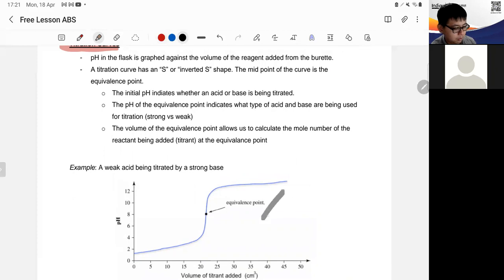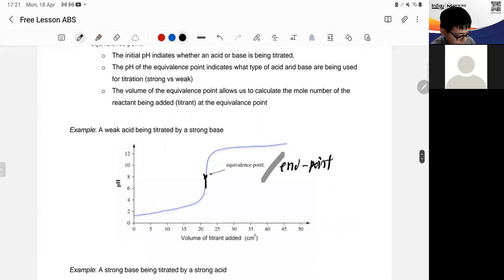Sometimes you know it as the endpoint. It is the same thing. If I drop down vertically from the midpoint of the curve, that point tells me exactly how much of the titrant from the burette was added to completely neutralize whatever was in the conical flask in the first place.